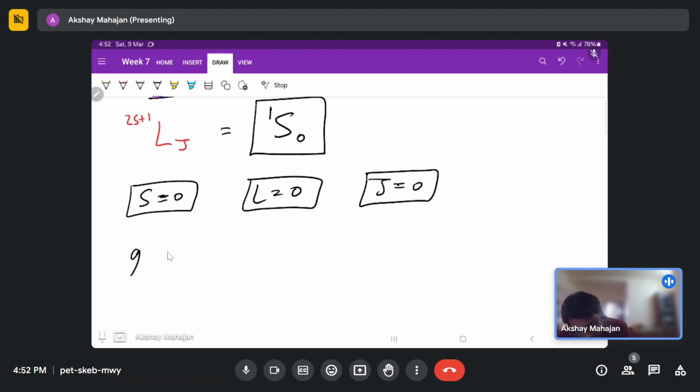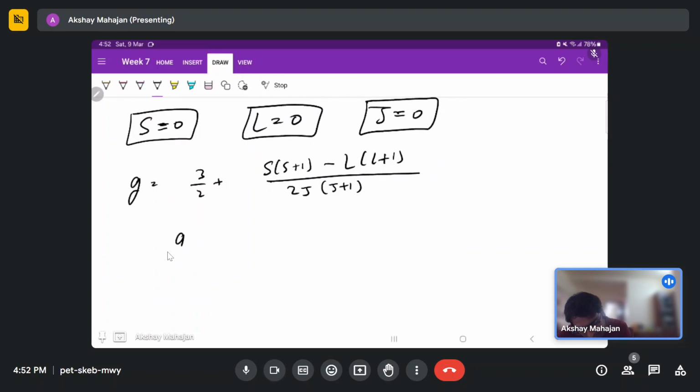So our Landé g factor, which is 3 by 2 plus S into S plus 1 minus L into L plus 1 divided by 2J into J plus 1. Since S, L, and J are all 0, g will just be equal to 3 by 2.